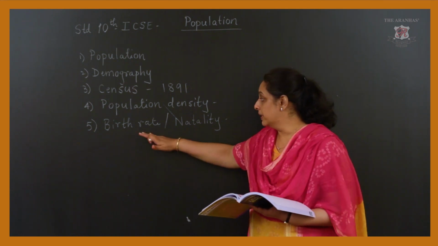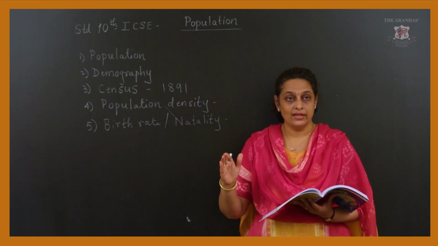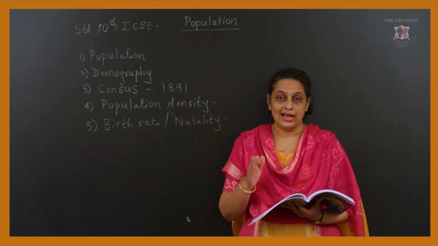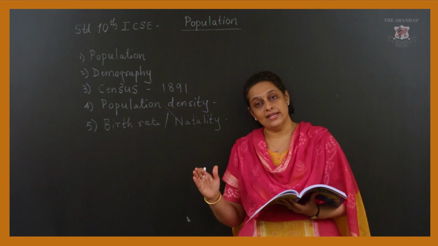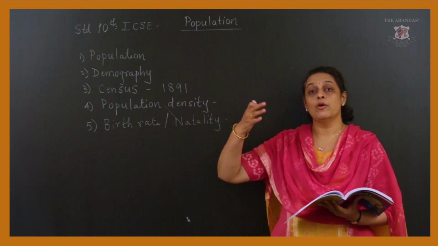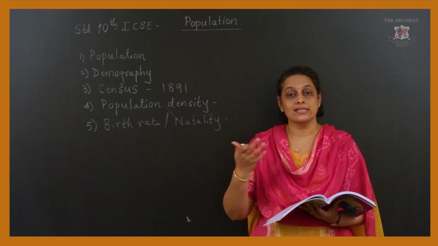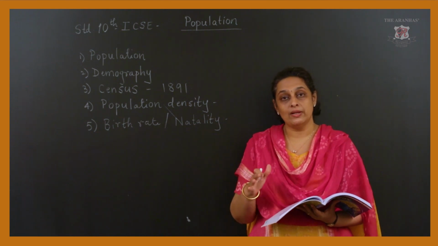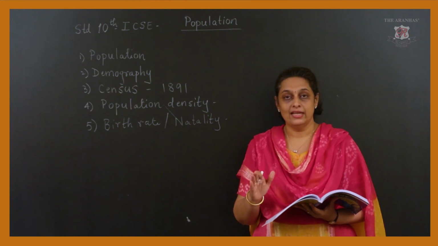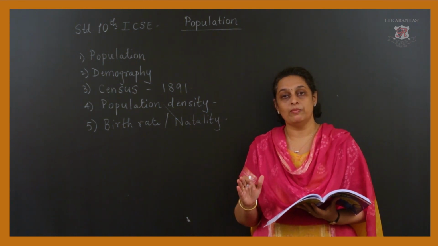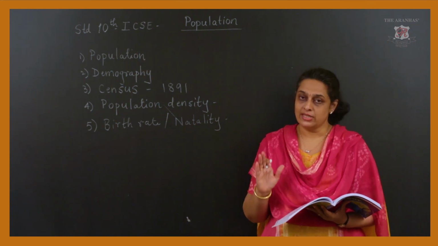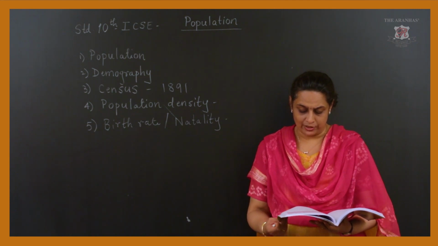Suppose the birth rate of a population is very high and death rate is relatively low, then the size of the population is going to increase, because new individuals will get added to the population and comparatively fewer individuals will be eliminated from it. Okay? So this is how birth rate is calculated.